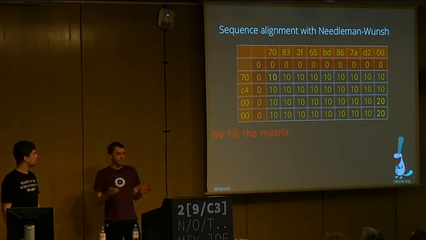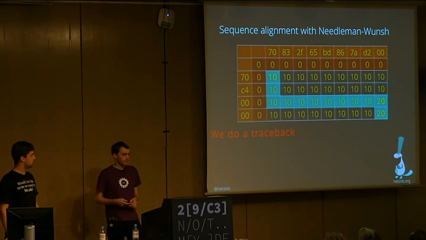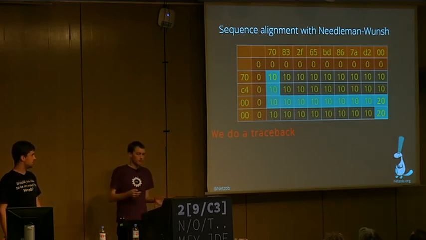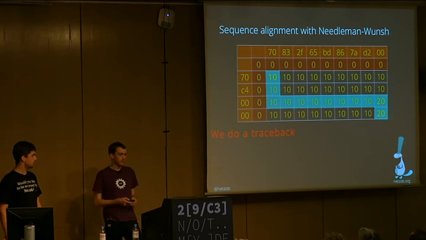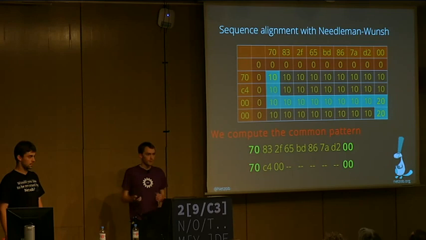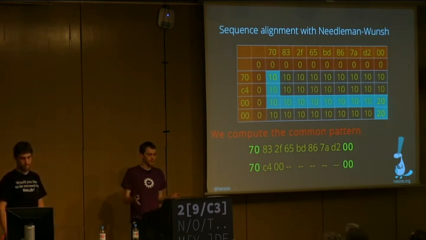So when the matrix is totally filled, what you do is a trace back. You start from the bottom right and try to find a path to the top left by specific values. The goal here is to find the command pattern that corresponds to the best alignment of those messages.